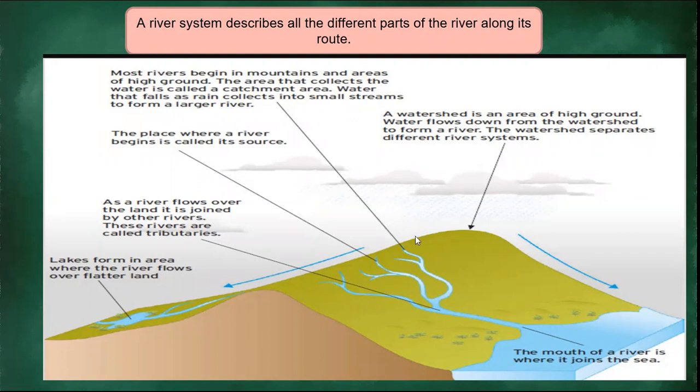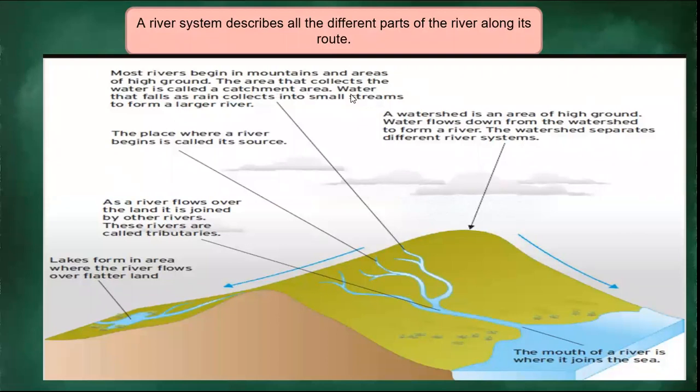As I've said, most rivers begin in the mountains or places where there is high ground. The area that collects the water is called the catchment area. It's the area that collects water.